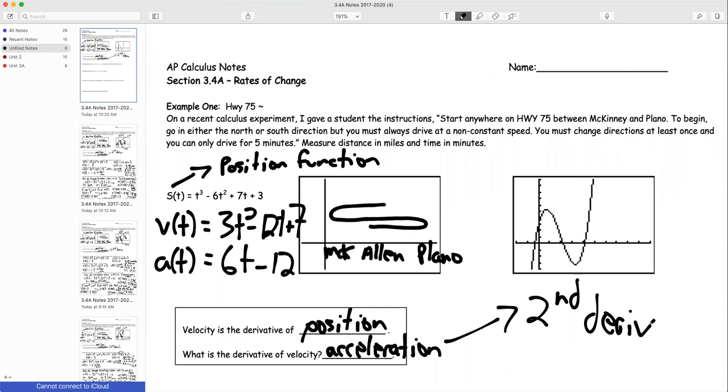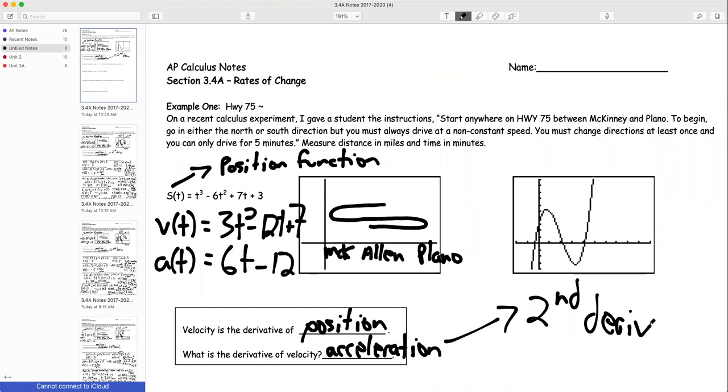It shows me speed, and it also shows direction. For our purposes, either positive or negative. If the particle is moving left and right, positive is moving to the right, negative is moving to the left. Perhaps it's moving up and down, same thing. So position shows me where I am. Velocity shows me how fast I am moving and in which direction.